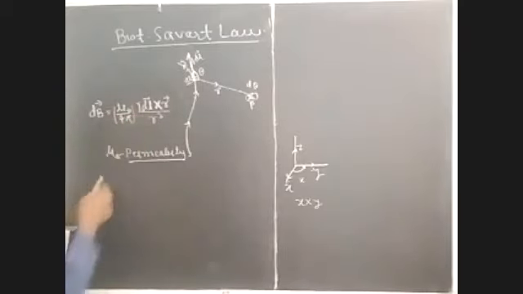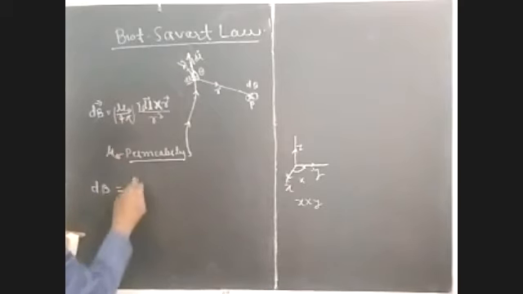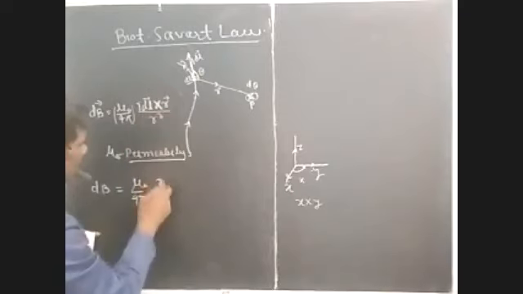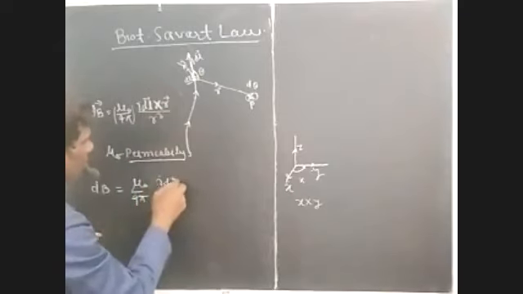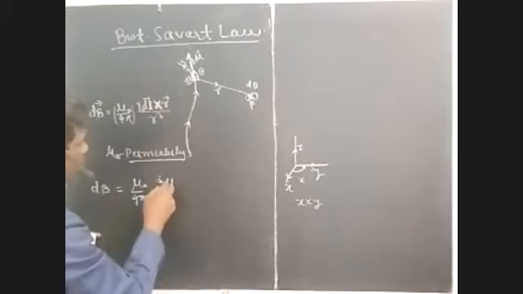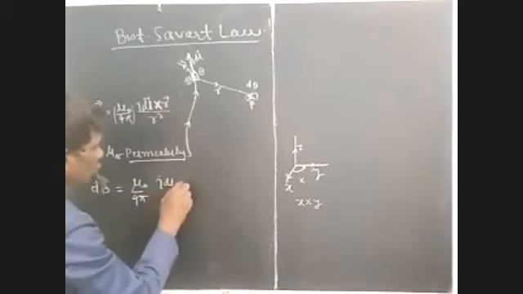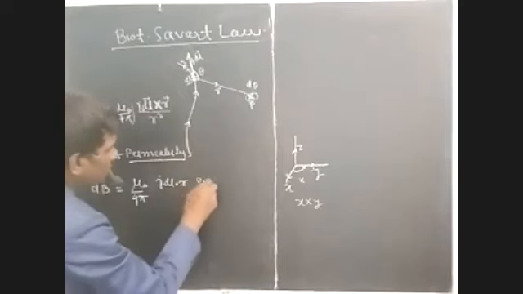अब इसको हम आगे देखते हैं, तो let us come and we break it. So how we have to write, this is the dB, and dB equal to what, mu naught upon 4 pi, and then IDL, and this is the, we know already what is the formula of this, IDL into R sin theta.